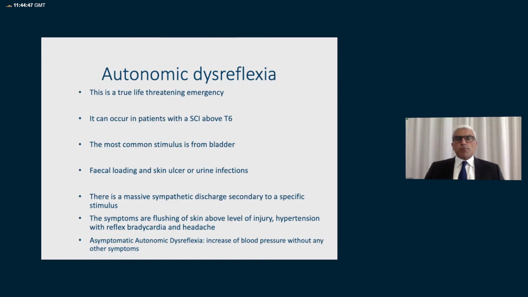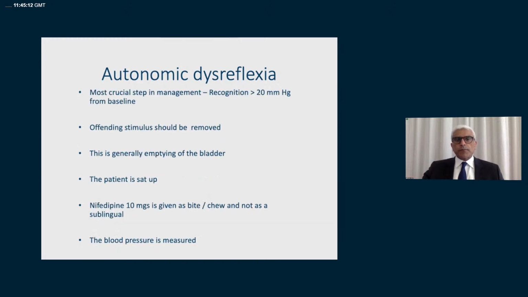More often than not, it is symptomatic, and patients get flushing of the skin above the level. This could be hypertension or reflex bradycardia. But one needs to be aware that sometimes they get asymptomatic autonomic dysreflexia, when there's an increase of blood pressure without any symptoms. Hence, for those patients who are prone to getting autonomic dysreflexia, we should be checking the blood pressure as we go through the test.